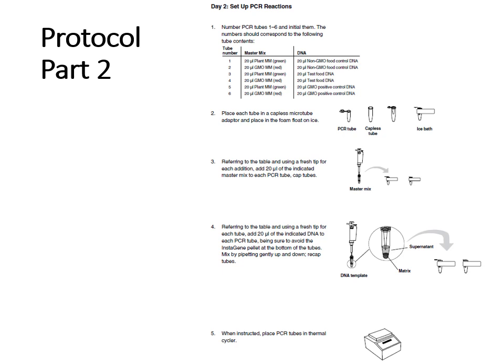So the first part is preparing the food samples to isolate the DNA, and the second part would be to set up the PCR. Now I'm just going to switch over to the pen so that you can remind yourself that when setting up this PCR, you would have had 3 sets of DNA you'd be working with. You would have your test food, which is your experimental group. You would also have the non-GMO DNA, which would be your negative control.